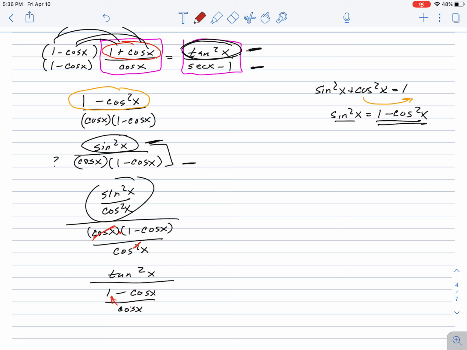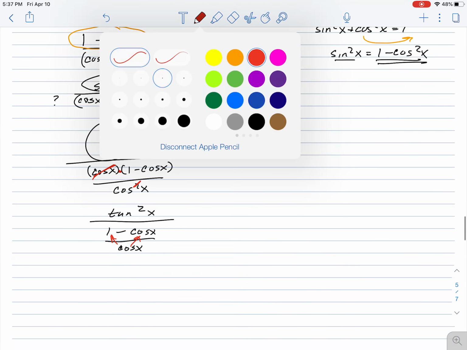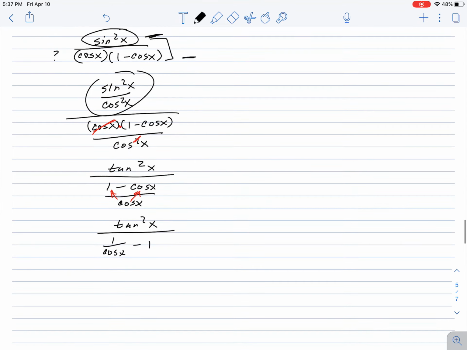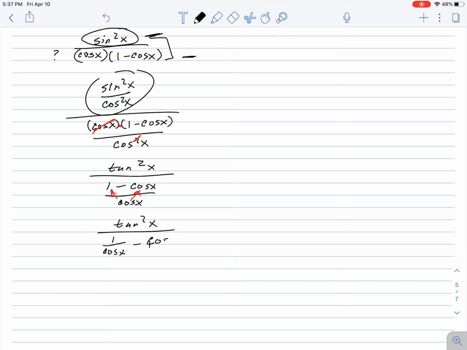But I might notice that this cosine will split up here. That gives me my tangent squared on the top, and then I've got 1 over cosine minus cosine over cosine. Sorry, let's not reduce that quickly. That splits up into the 2.